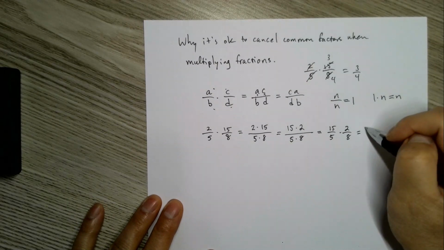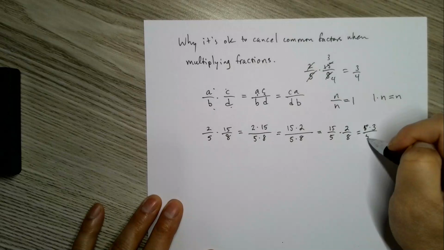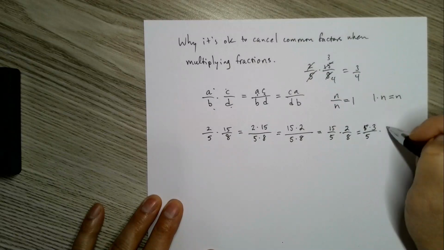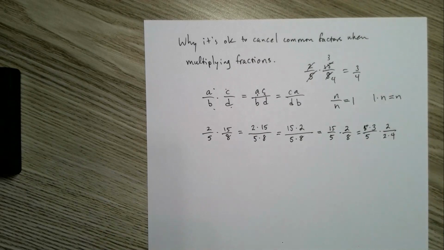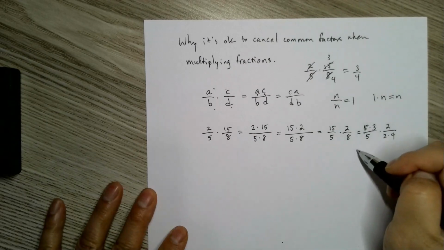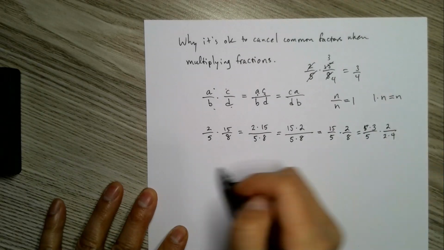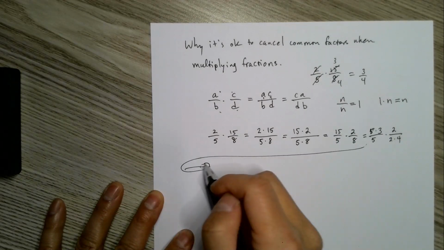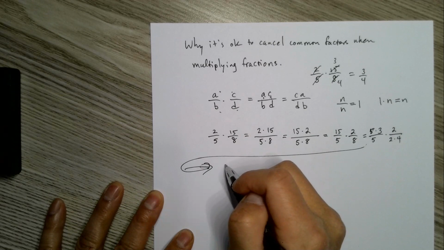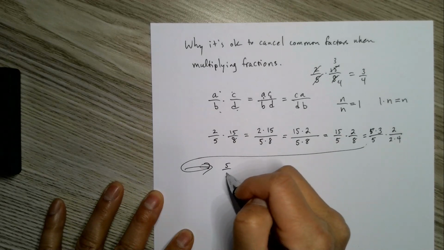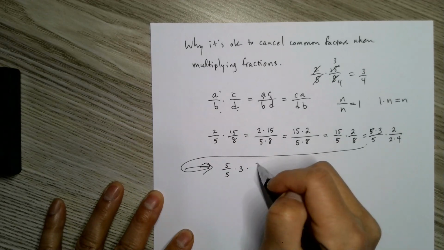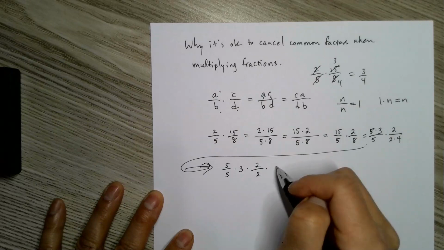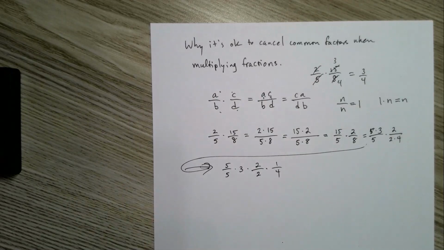So 15 I'm going to factor. It's 5 times 3 over 5. 8 factors as 2 times 4. I can now rewrite that as 5 over 5 times 3, times 2 over 2 times 1/4.